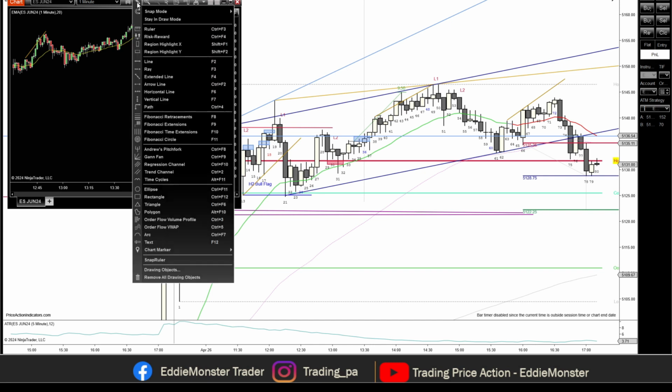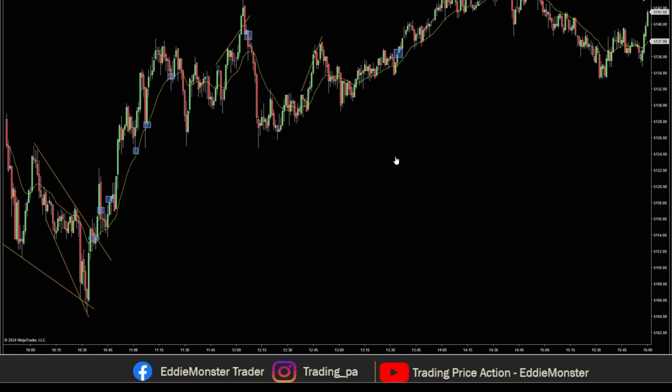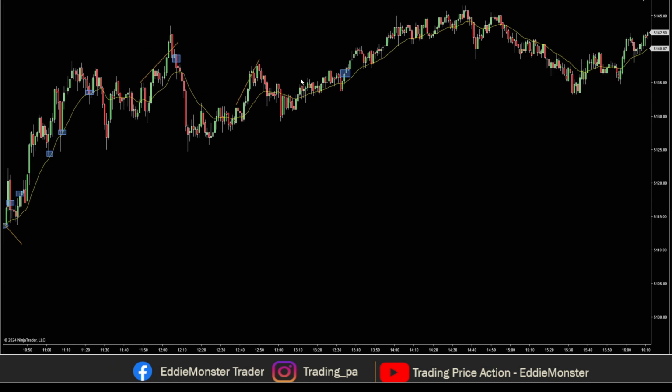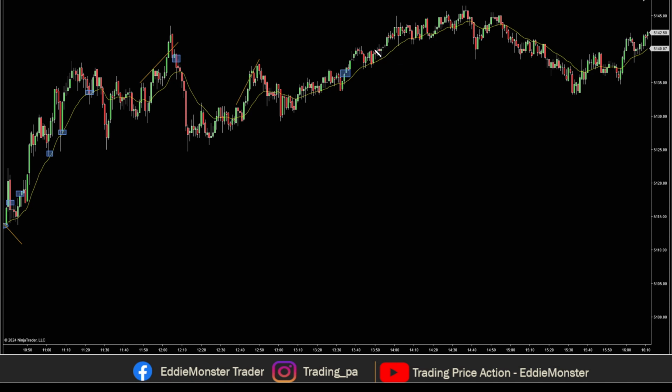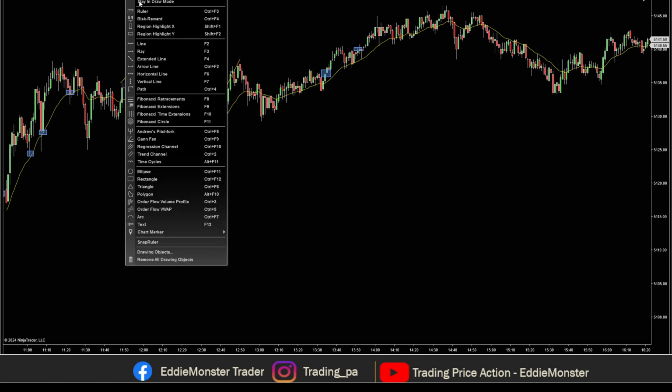So you can get long here, for example. Let me put it bigger here. Right? You could get long here in an H2, beautiful. This one you can get long here, and then you have another perfect wedge here. Look at this.